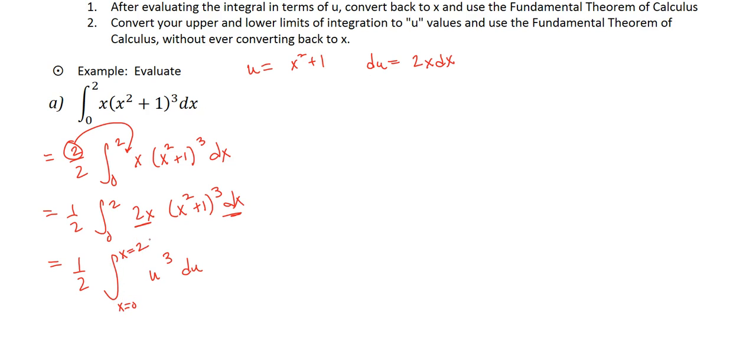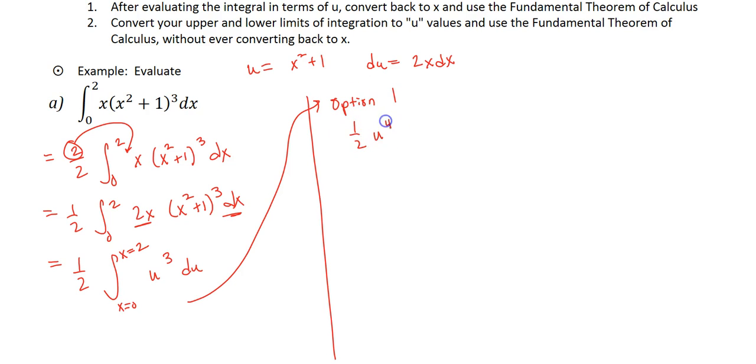Now at this point, everything's basically the same, okay? But I have two options. So I could go from here to option 1, which says we integrate and then we convert everything back. So that's going to give me 1/2 times u to the 4th over 4 from x equals 0 to x equals 2. The only reason I'm writing x equals is just to remind myself that those numbers get plugged into x.